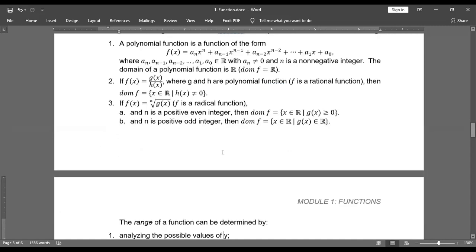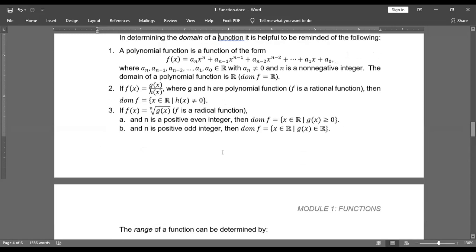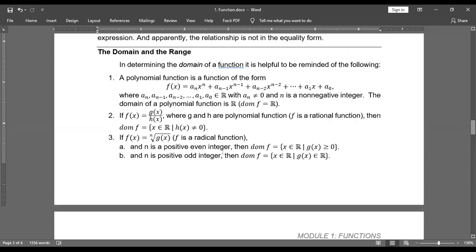There are more forms of functions, but we are just to discuss the polynomial, the radical, and the rational function. Sa polynomial kasi meron pang other functions. We have linear functions, quadratic functions, and so on.